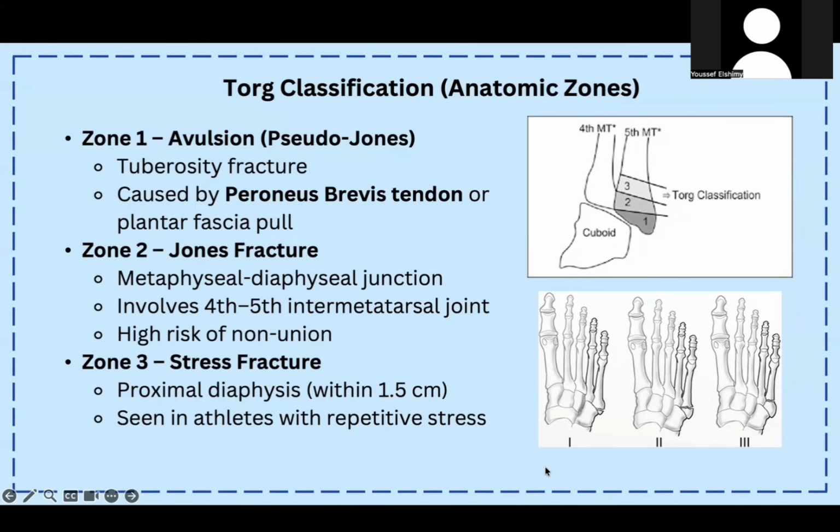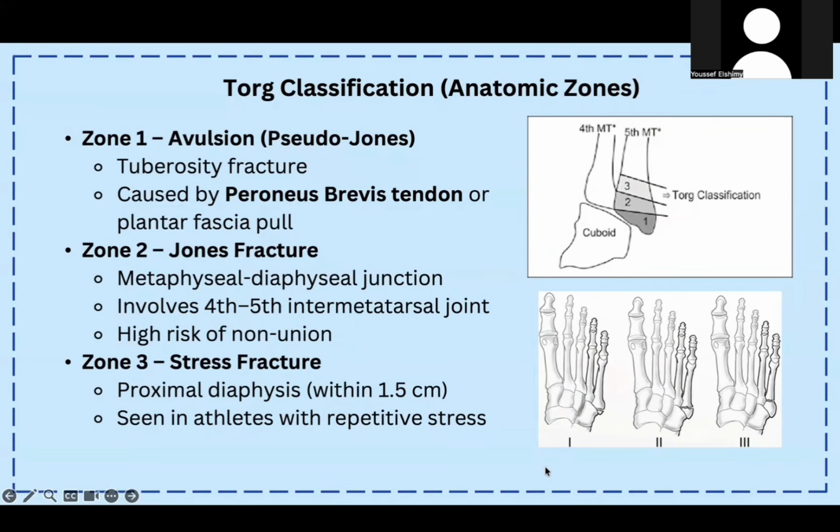fractures. They are avulsion injuries caused by traction from the peroneus brevis tendon or plantar fascia. So, if an injury happens in zone one, this would lead to injuries caused by traction from the peroneus brevis tendon or the plantar fascia, and they generally heal very well.